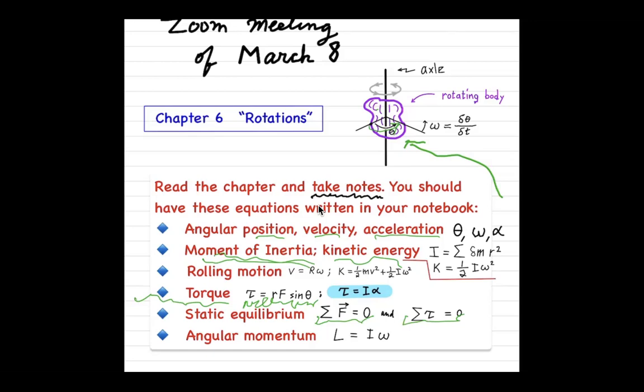Well, similarly, angular momentum is inertia times velocity, only the inertia is the moment of inertia, and the velocity is the angular velocity. So you need to understand all of these concepts and their corresponding equations. You should have them written down in your notebook after reading the chapter.